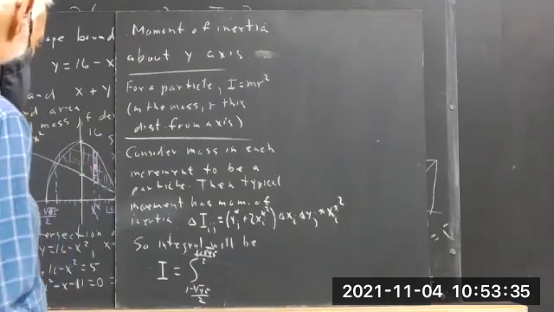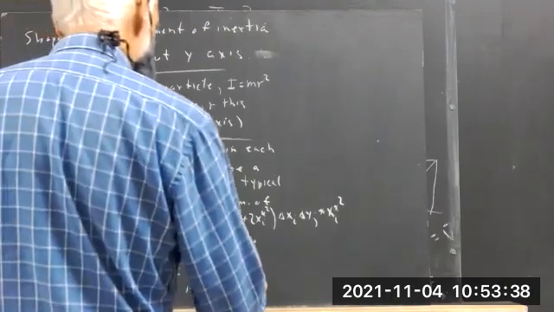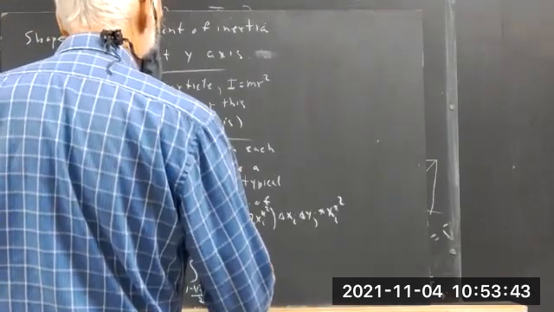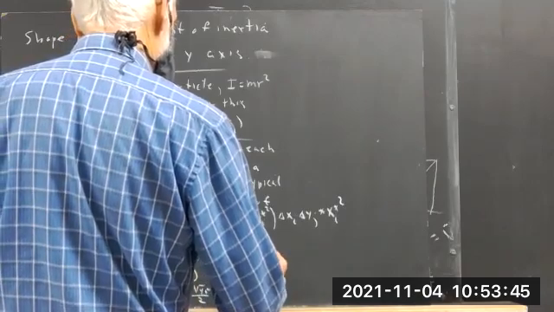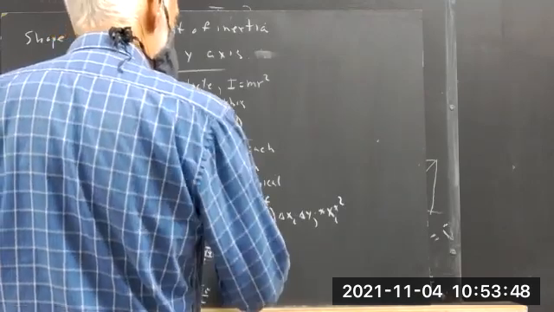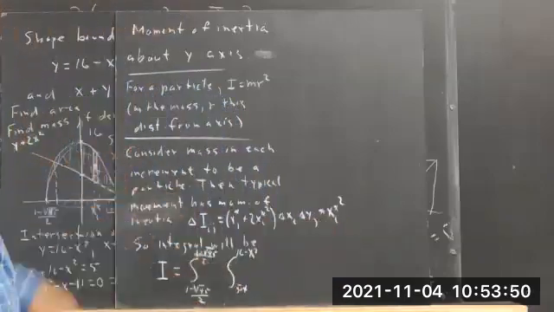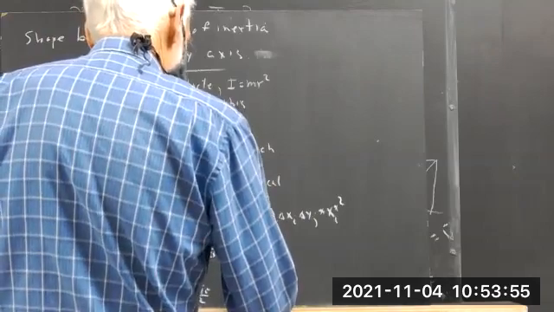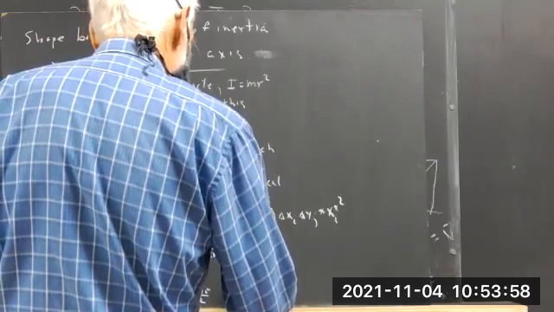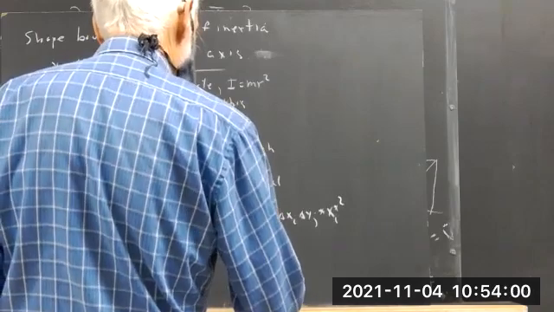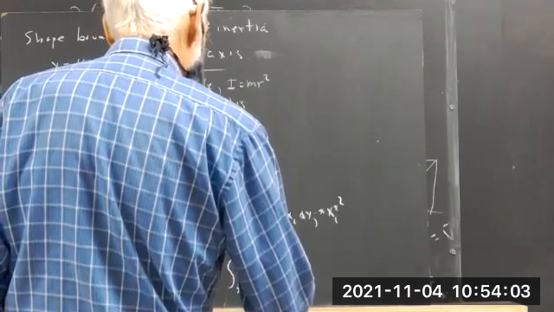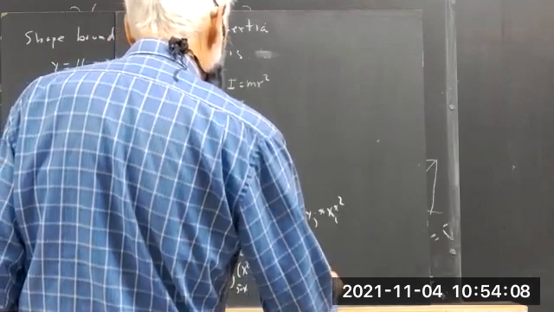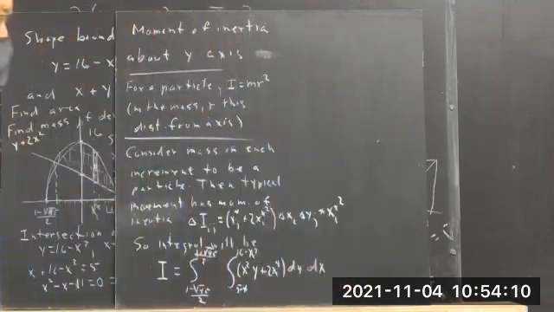And then the integral from 5 minus x to 16 minus x squared of the limiting expression here, which is going to be x squared y plus 2x to the 4th, dy dx.